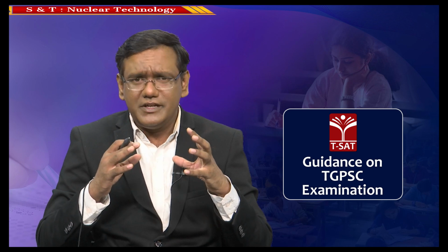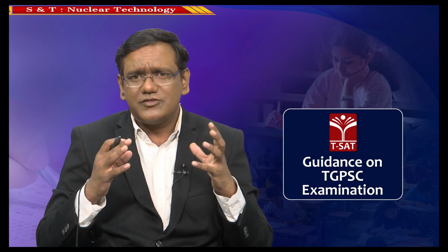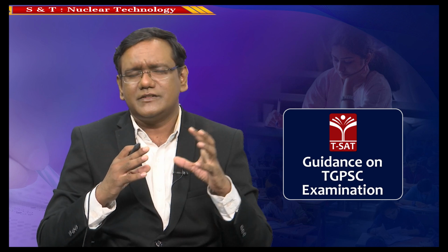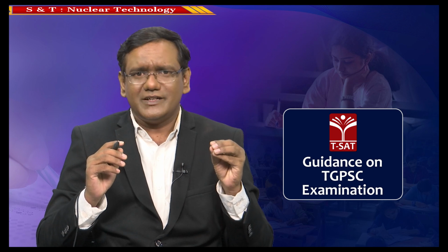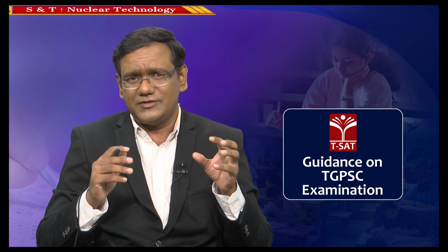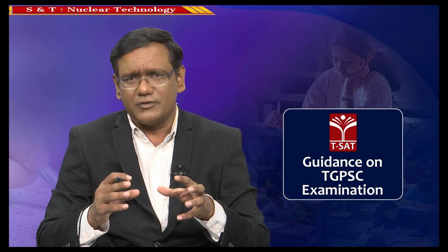So let us look into the nuclear power plants of India, and the technology behind them. We have learned that the natural resources of India contain uranium and thorium. Uranium is the immediate material used for producing power.